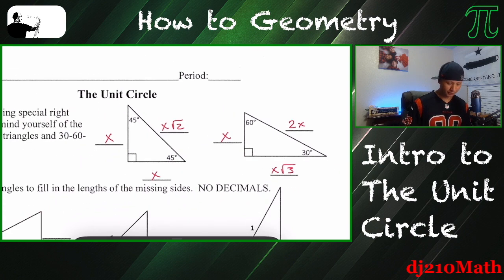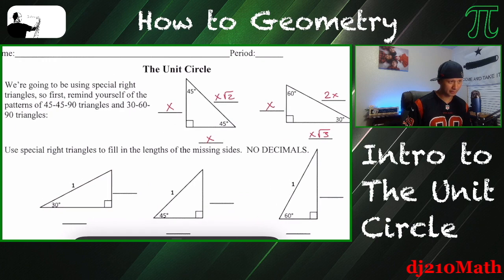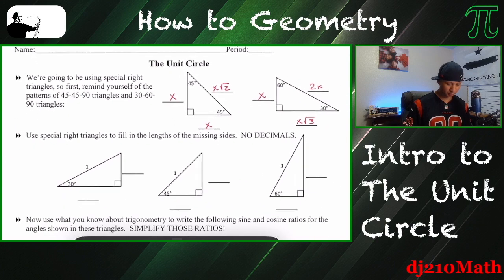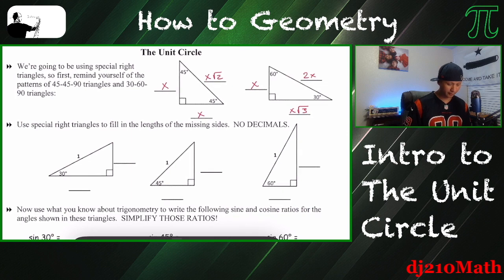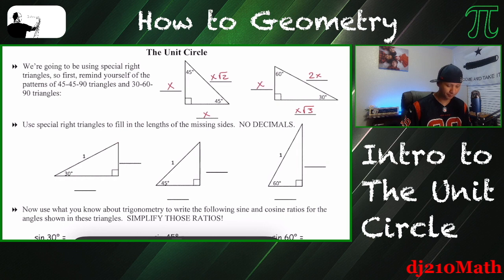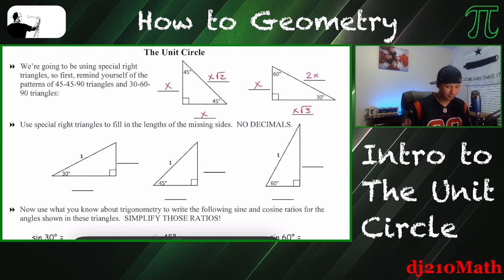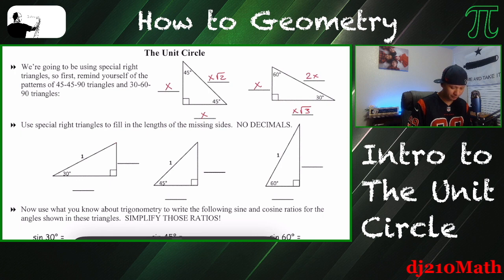So let's modify this slightly. We're going to use those rules to figure out the special right triangle cases, but for hypotenuse equal to 1. So the hypotenuse is equal to 1 in a 30-60-90. The short leg is always opposite the smallest angle, so across from 30 is the short leg.